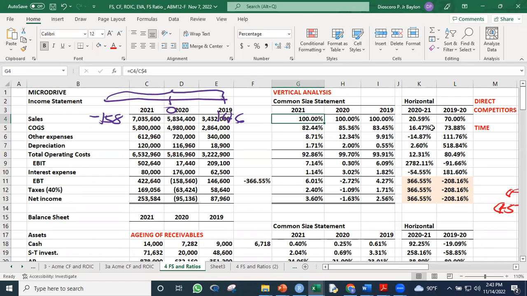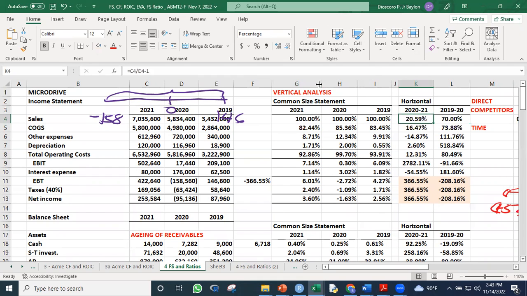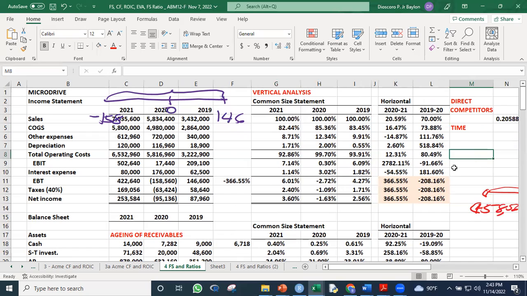For example, in this case, sales grew by 70% from 2019 to 2020, and then by 20% from 2020 to 2021. So this analysis, both vertical and horizontal, is very helpful in understanding the financial statements more.